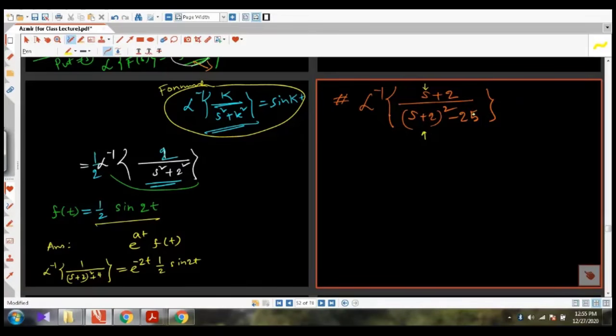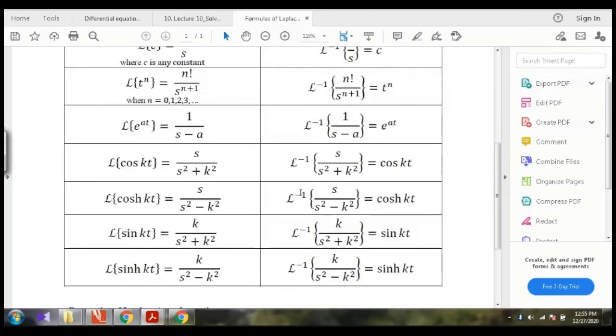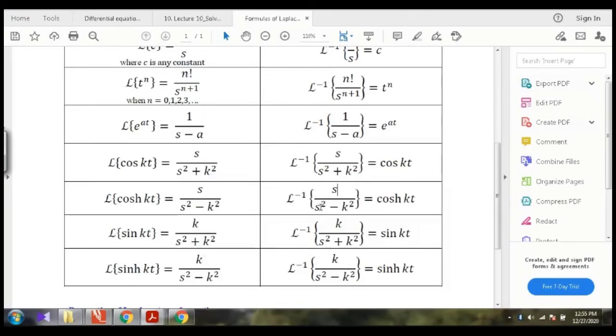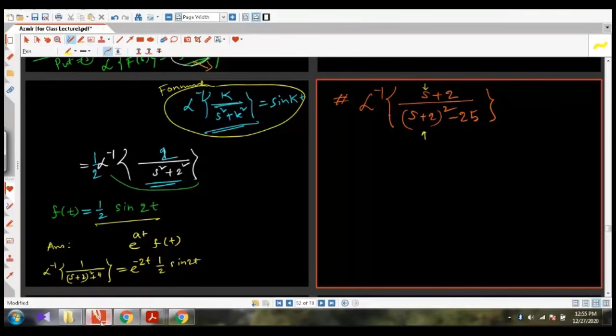So let's try to think about which formula can be applied. s over s squared minus 25, s over s squared minus k squared. So this formula can be applied out of all the formulas.